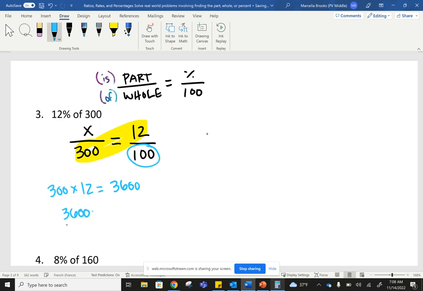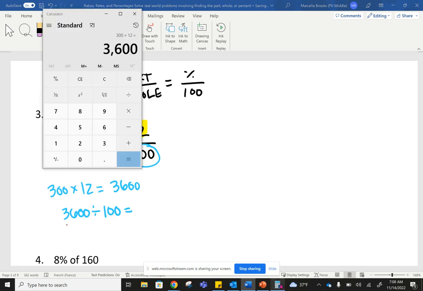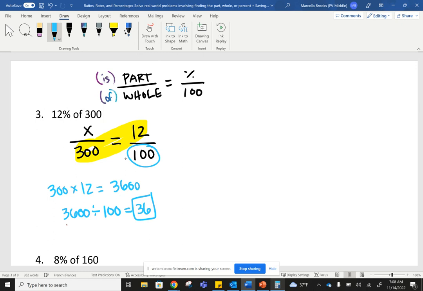So 1,560 divided by 100 equals 15.6. So there we go. So then we're going to rewrite our proportion. So 15.6 over 130 is equal to 12 over 100. So in other words, 15.6 is 12% of 130.